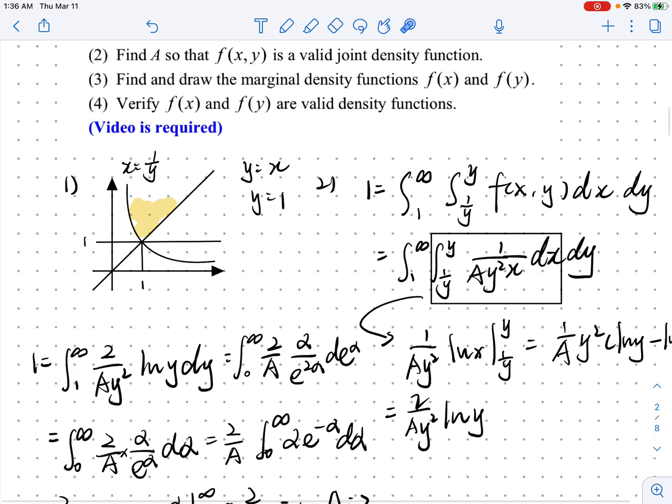And we can write the function in this form. Then first we need to integrate this function.